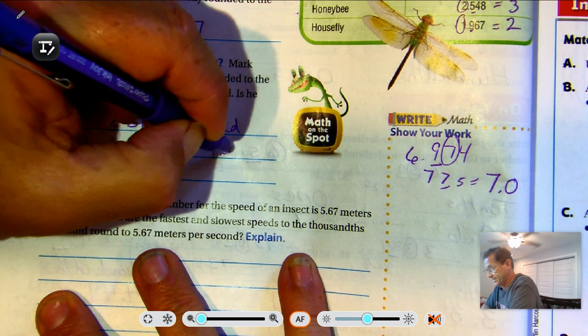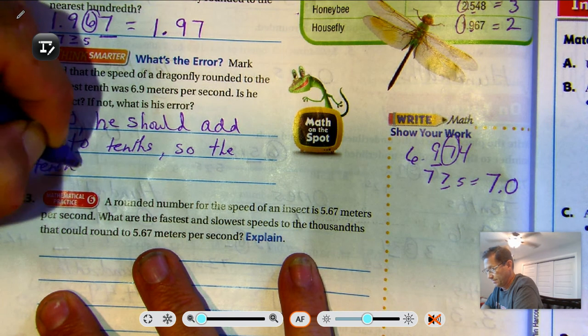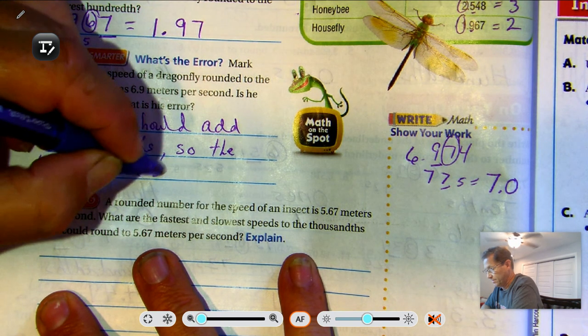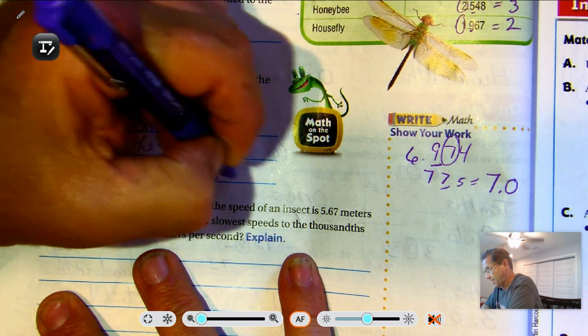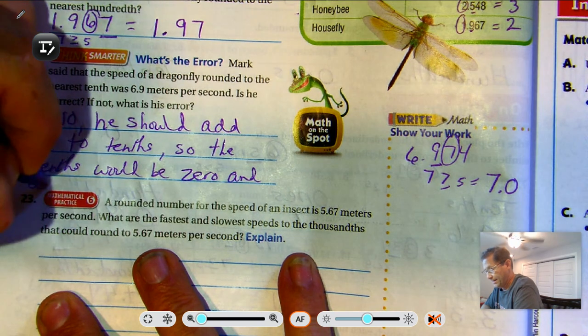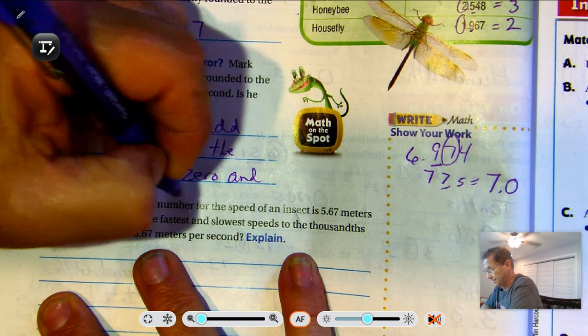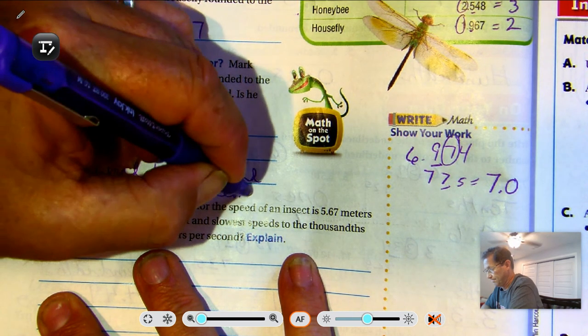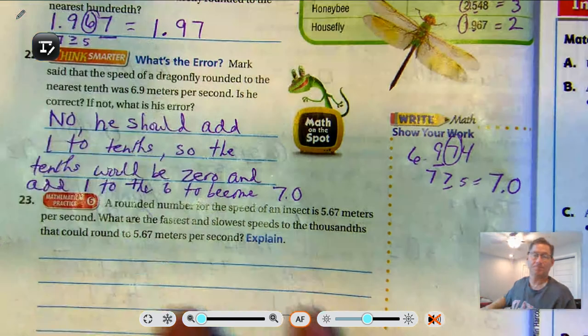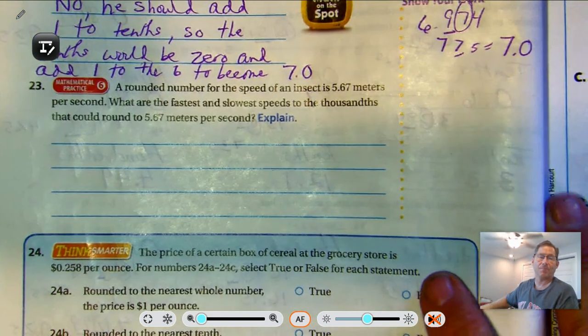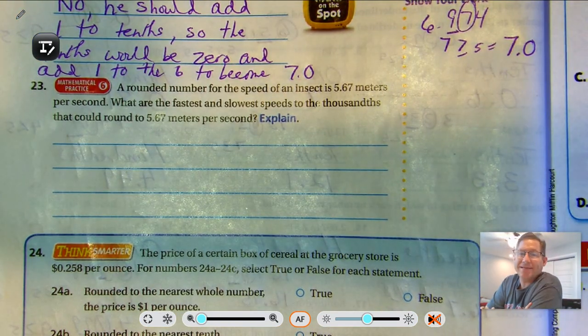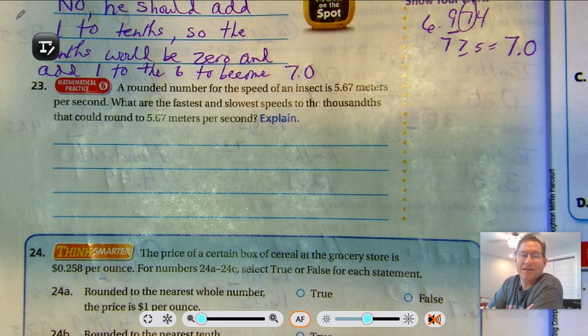So the tenths would be 0, and add 1 to the 6 to become 7.0.